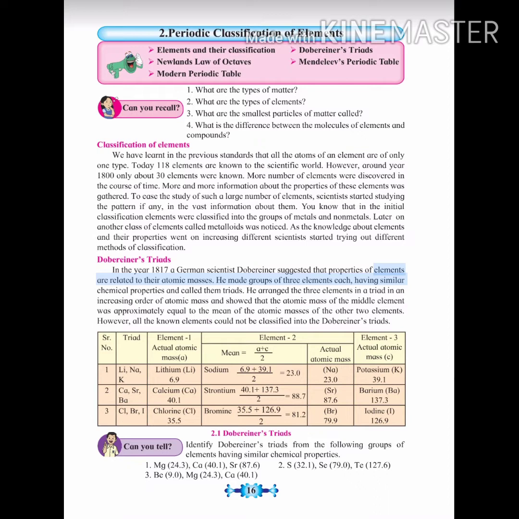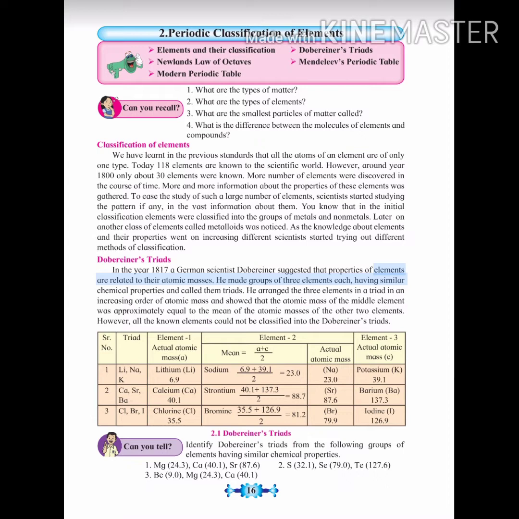Now, back in history there were very few elements discovered, about 30 only, and the basis of their classification differed from one scientist to another. Previously it was just classified on the basis of whether they are metal or non-metal.